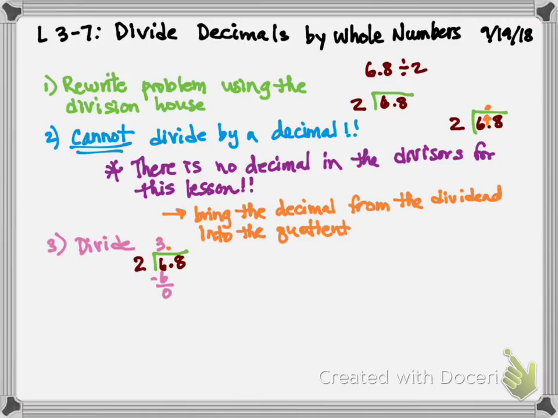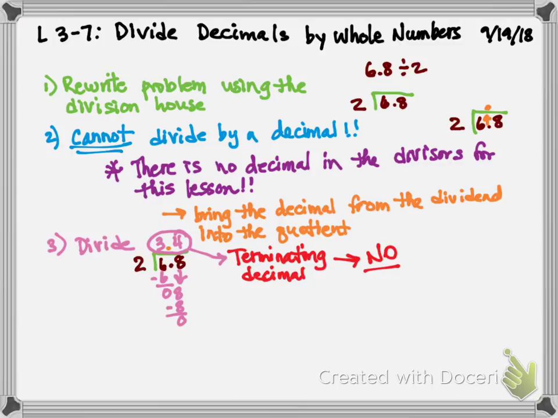Subtract, there's a difference of 0. Since 2 is greater than 0, I am going to bring down the 8 and continue dividing. 2 goes into 8 4 times exactly. And 2 times 4 is 8. And so what we call this decimal of 3.4 is a terminating decimal. That means it terminated or ended. There was no remainder.